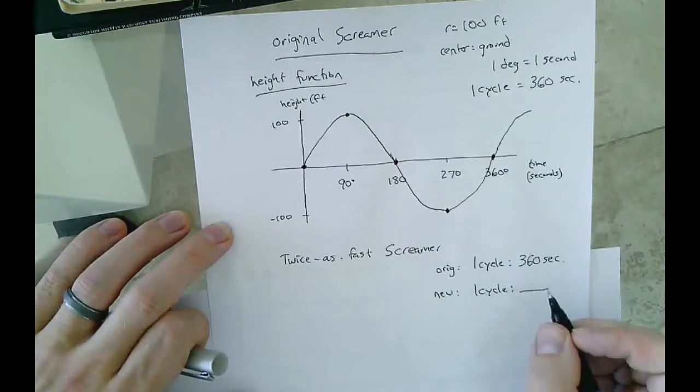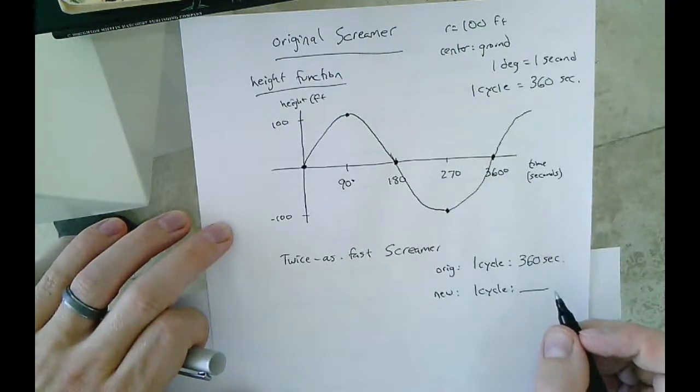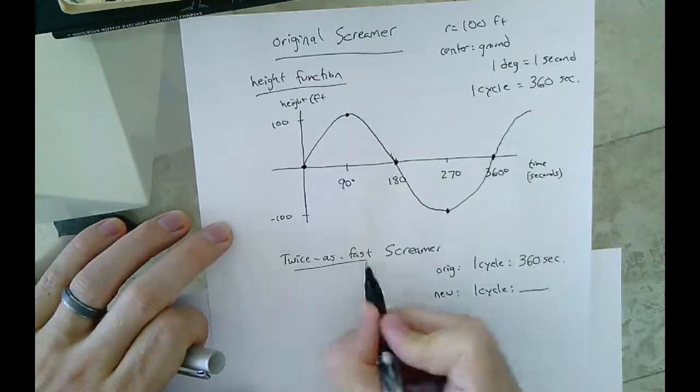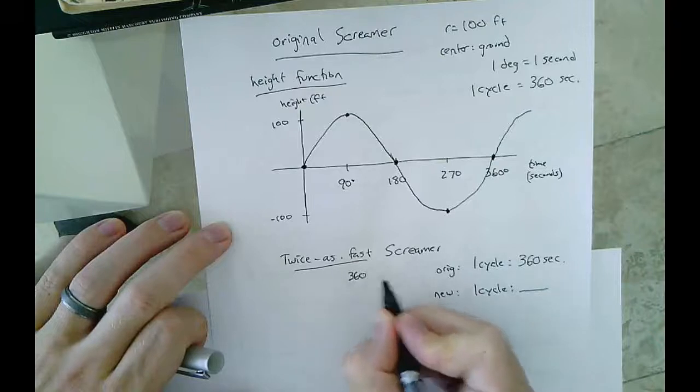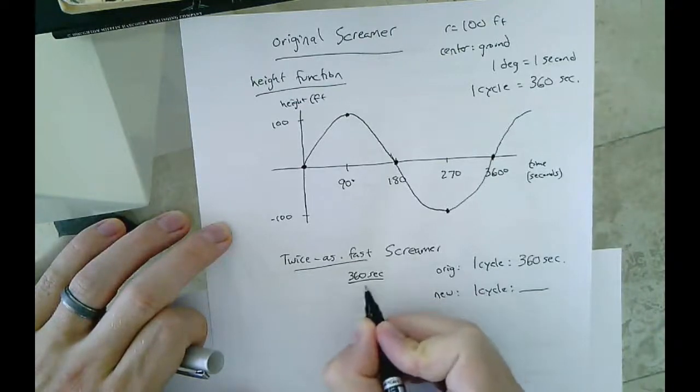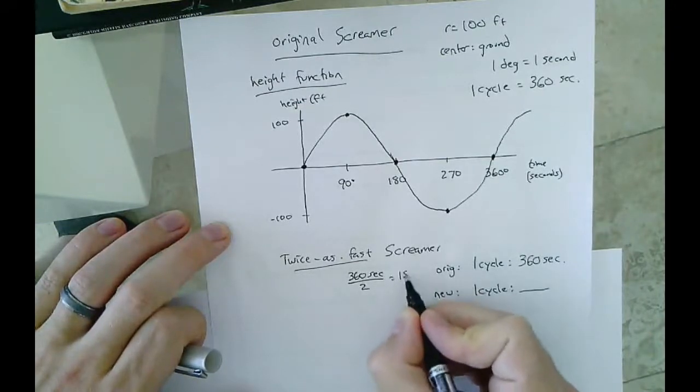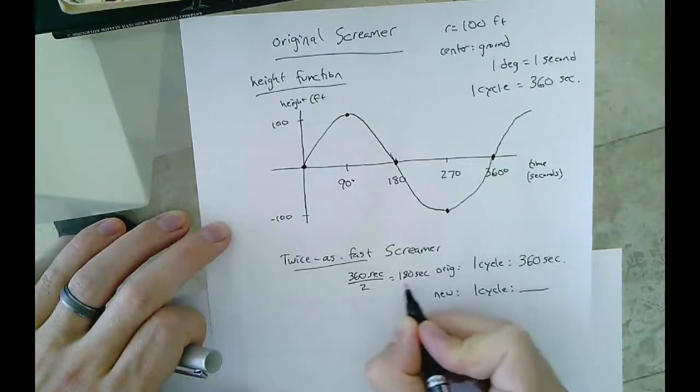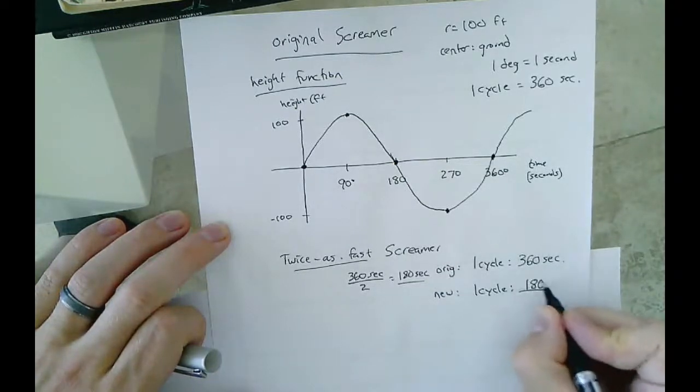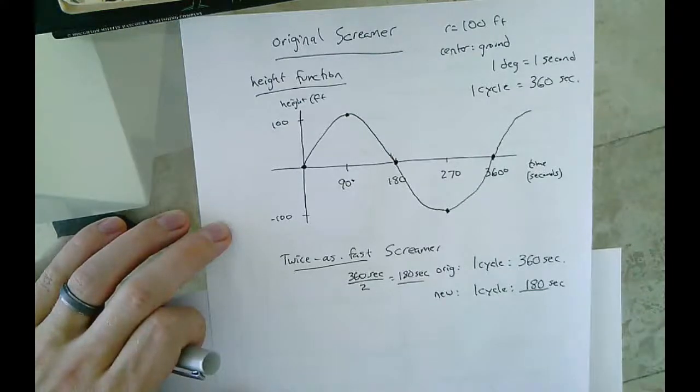Write that into your notes, pause the video to think about it. And when you're done pausing, I know that twice as fast means I'm going to take 360 seconds and divide this by 2 to get a new total of 180 seconds right here. So 180 seconds. Now, let's graph this thing.